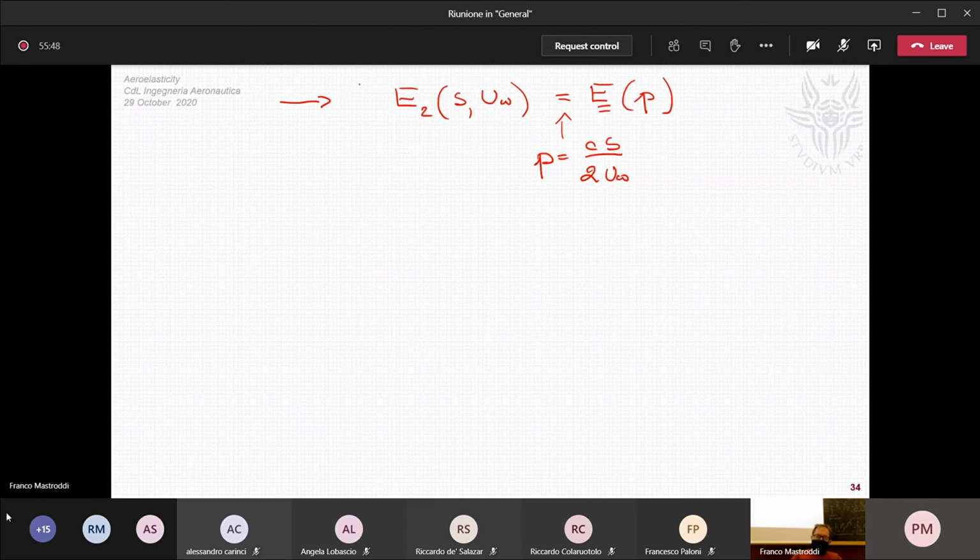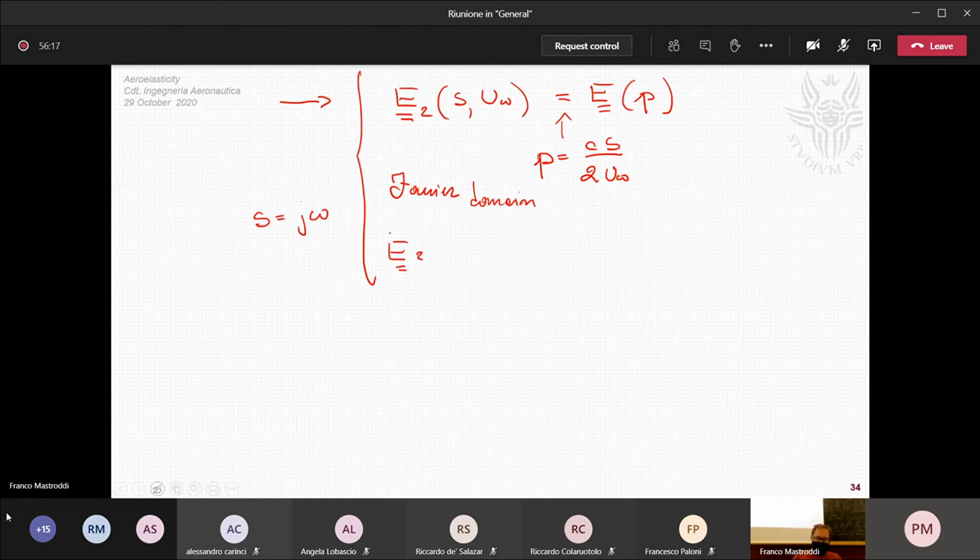As you know very well, if you put S equal to J omega, you move from the Laplace domain to the Fourier domain. And in this case, you have the concept of frequency response function instead of transfer function.